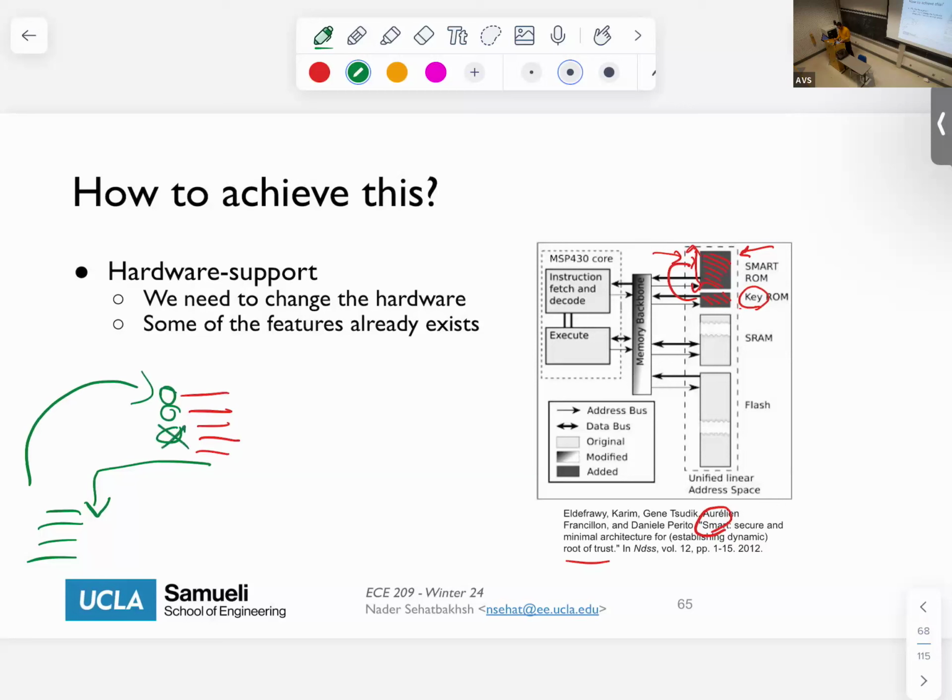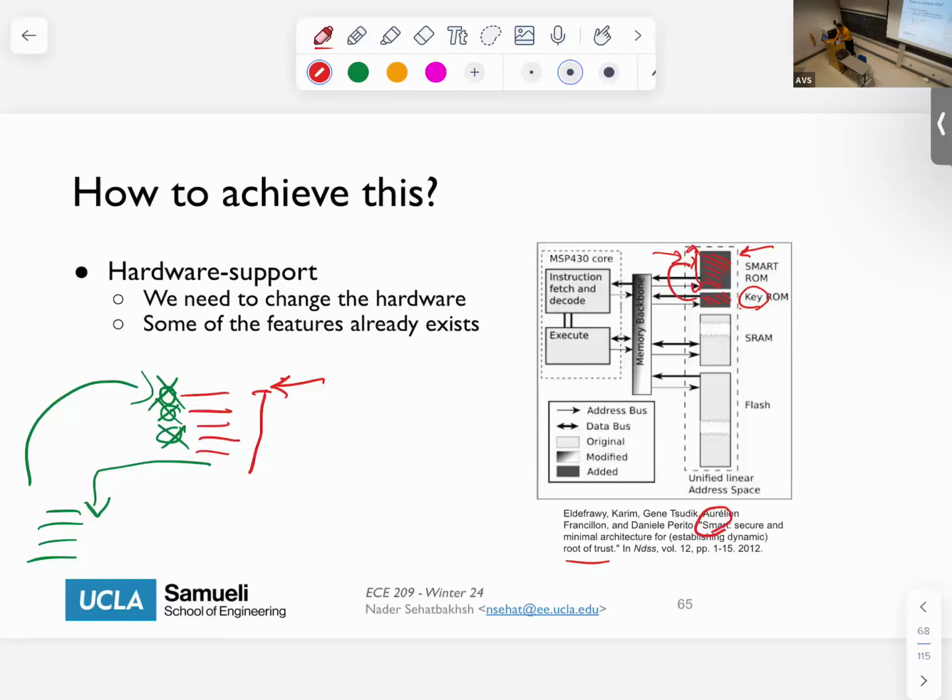And if I don't know what I've changed, I cannot trust this. I need to restart the attestation process from the top again, right? So usually these attestation processes all assume that you don't interrupt the attestation process. If you do interrupt, you have to start over, okay? You can interrupt the system, but you have to go back and start over.